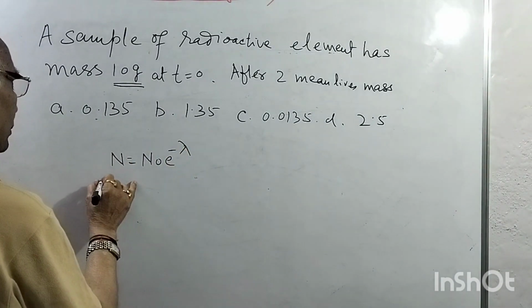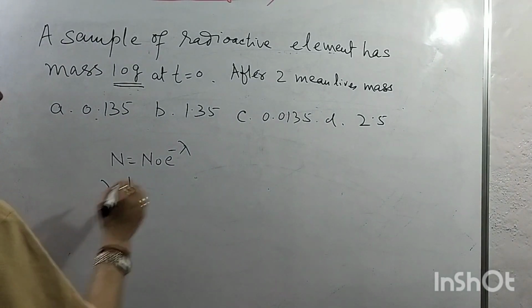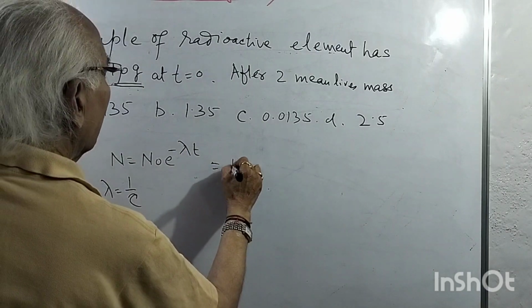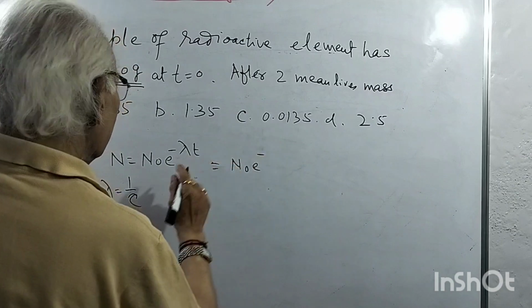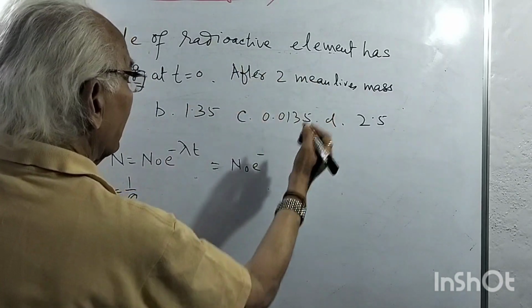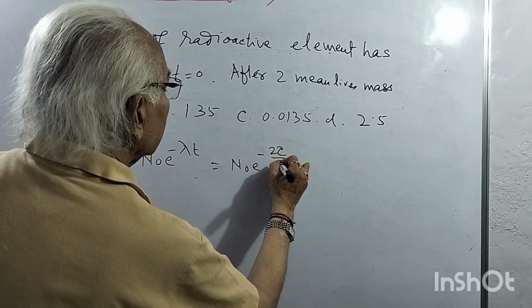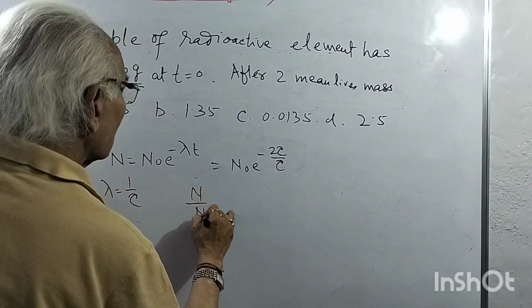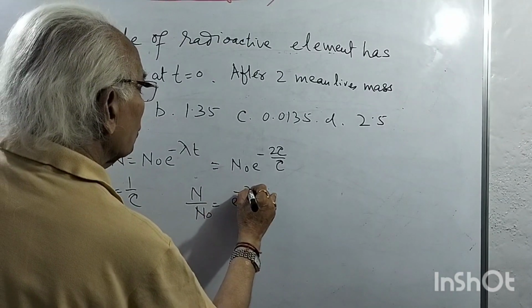You know, lambda is 1 over tau, mean life. So this becomes n naught e to power minus, t is 2 mean life, so 2 tau divided by tau. So n over n naught is equal to e to power minus 2.